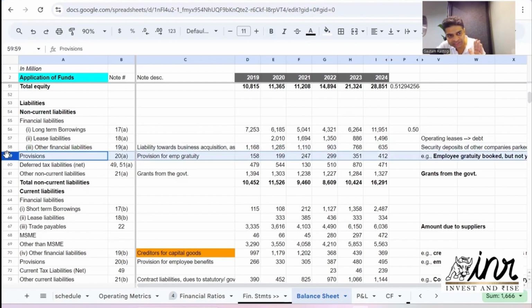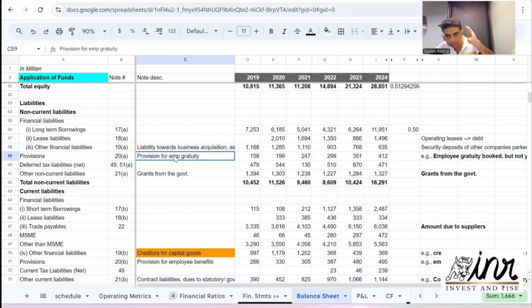Okay. Provisions, non-current provisions, provision for employee gratuity. See, when you work for a company, they'll have to pay you gratuity. Gratuity is not paid every year. Gratuity is paid long term when you exit a company, typically. Or probably some companies have 5-year clauses as well that I'm not aware of. But gratuity typically is not paid periodically.